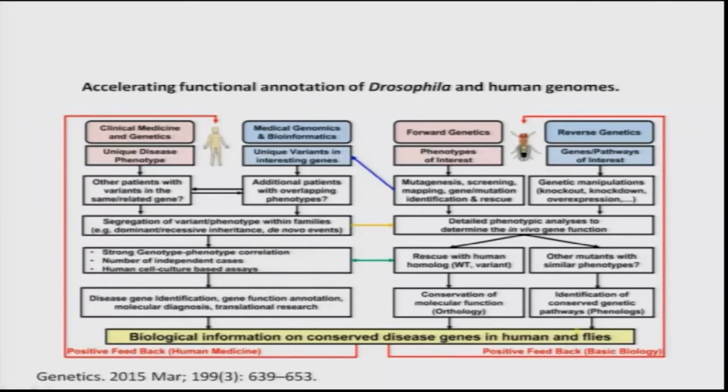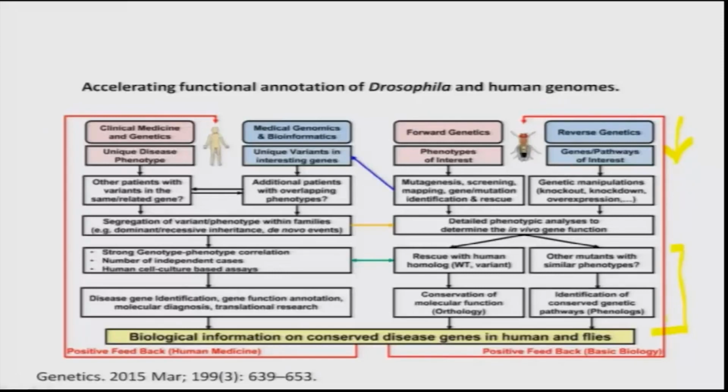So this is something that I already informed you of, that you have the process called reverse genetics and forward genetics. Reverse genetics is that you take a gene, delete it or mutate it and see what happens to the phenotype. And then you have a large number of papers and observations with regard to how deleting a gene in fly results in a phenotype or changes in the cellular mechanisms.